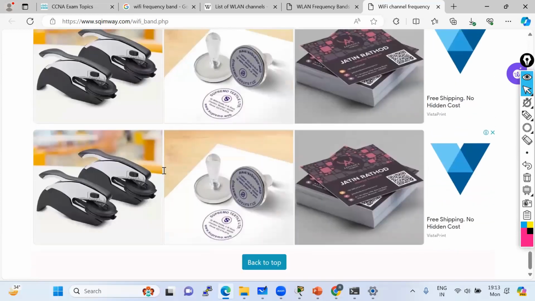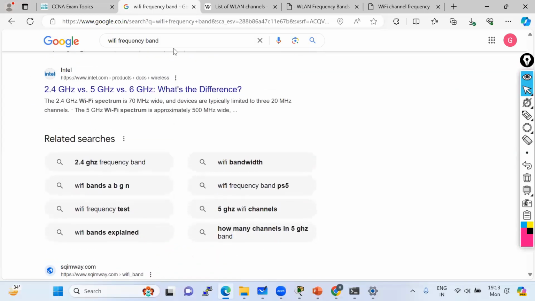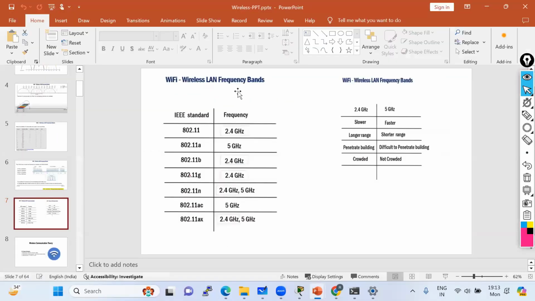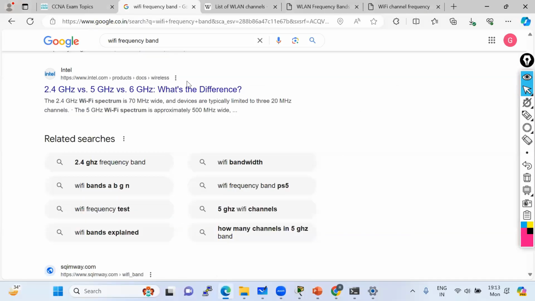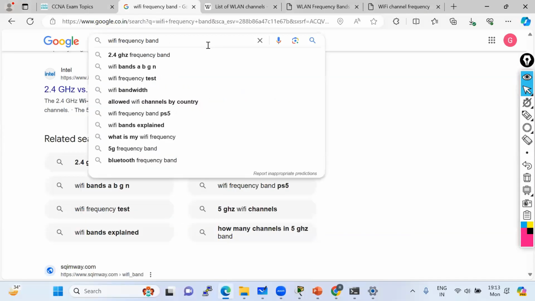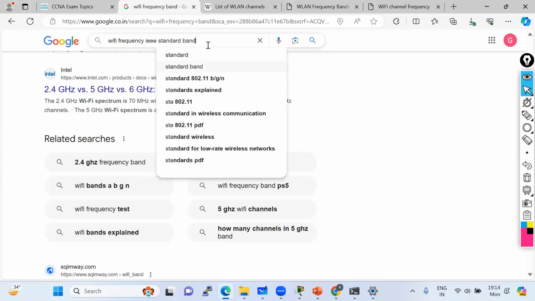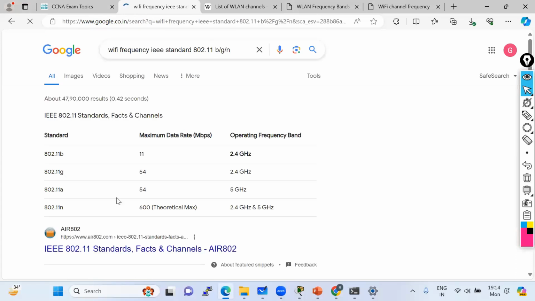There are a lot of things here. So frequency band, let me see what is exact. IEEE standard. Let me see this. You can see, this is the table I was looking for.